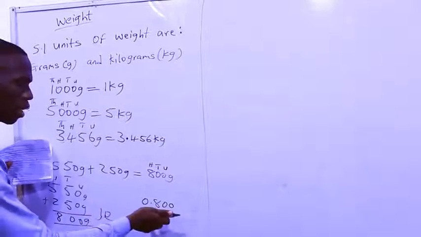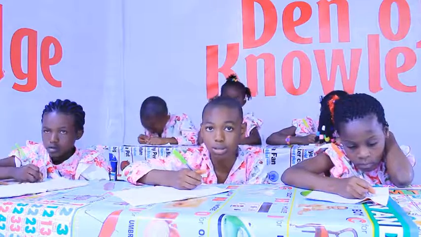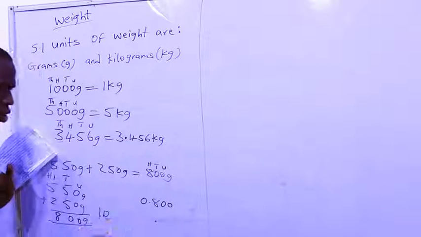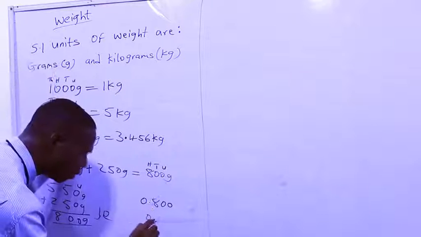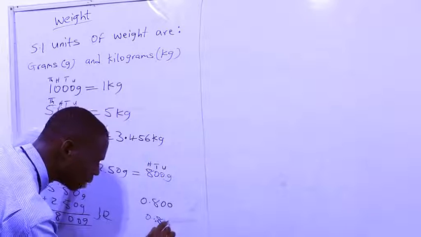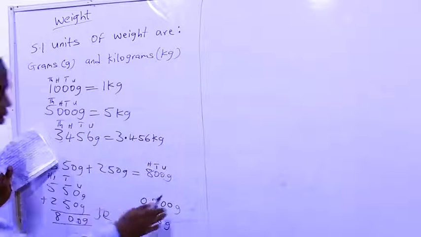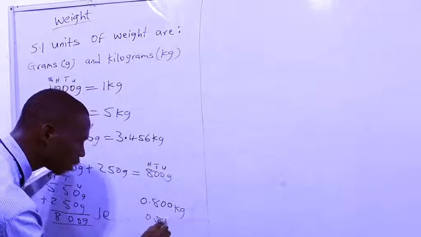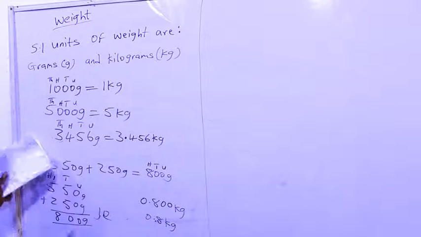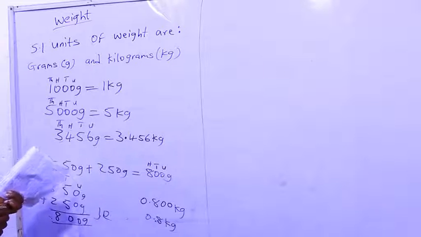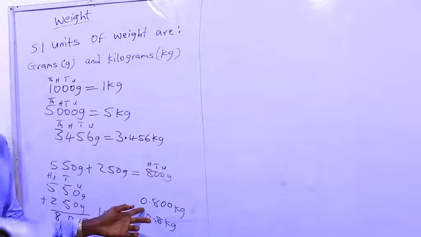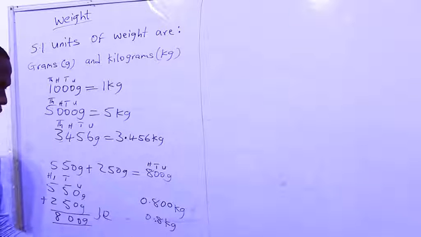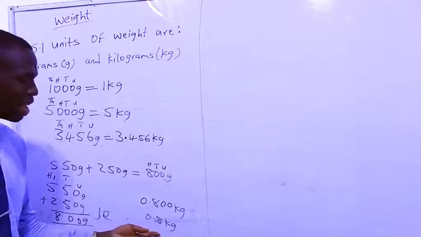Remember that 0 is nothing in decimal, unless it comes in front of a number. You can write it like this, it is still correct, or this way. That means we have 0.8 kilogram.